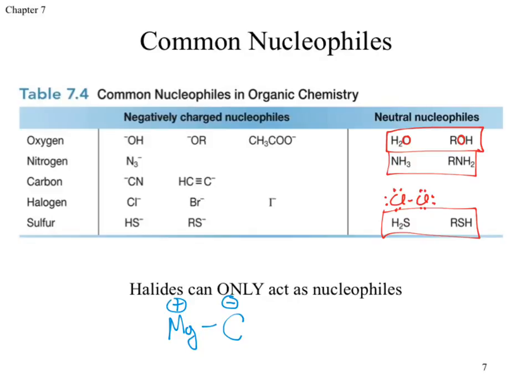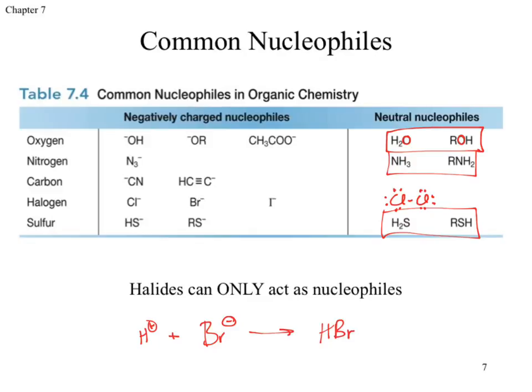Why can your halides not act as bases? I like the dissociate answer a little bit. What do you mean by that? They're acids. Let's take Br minus, react it with H plus. What do we get? We get HBr.